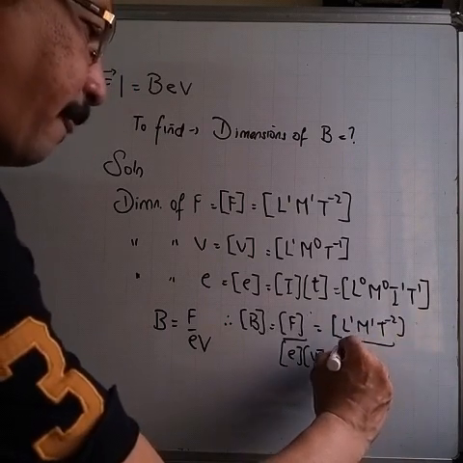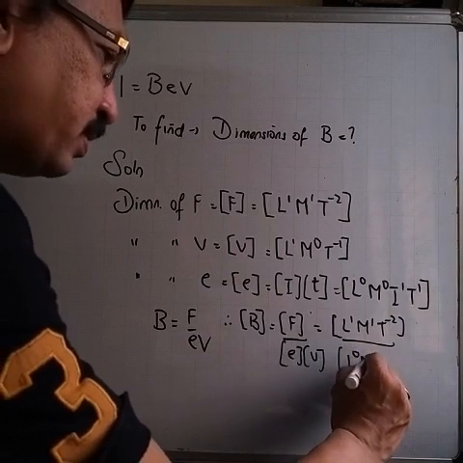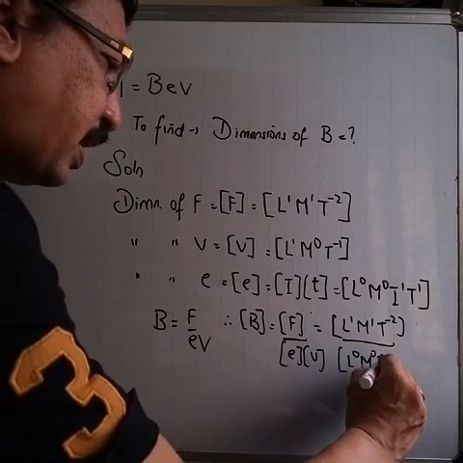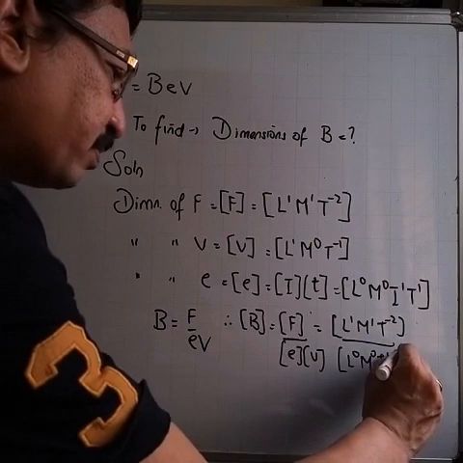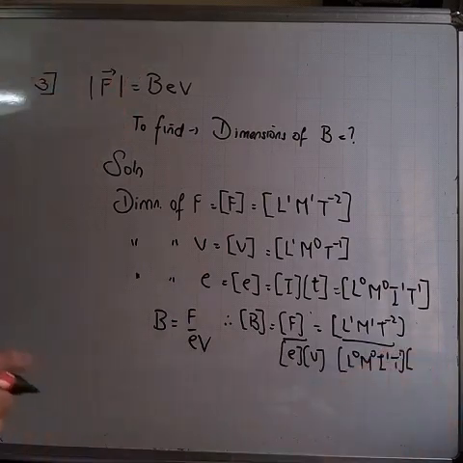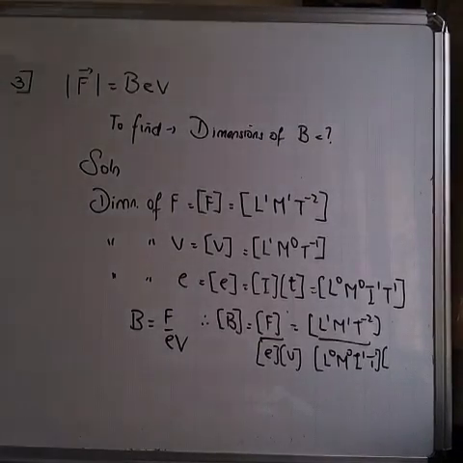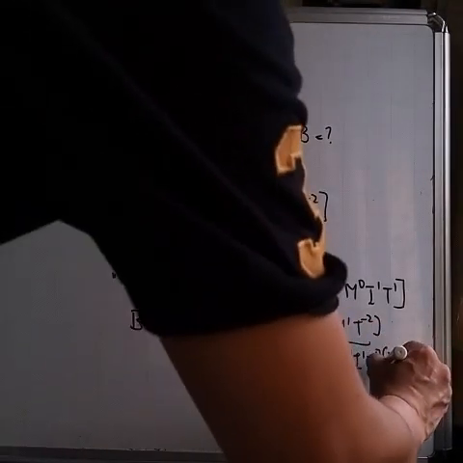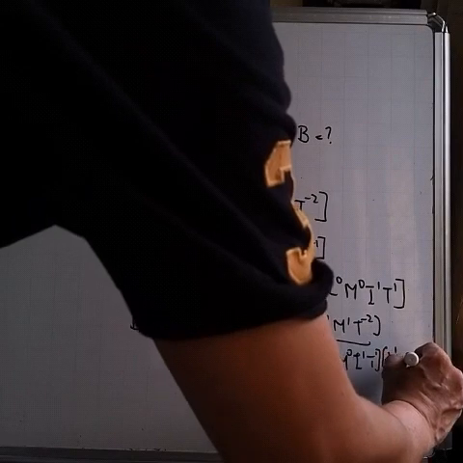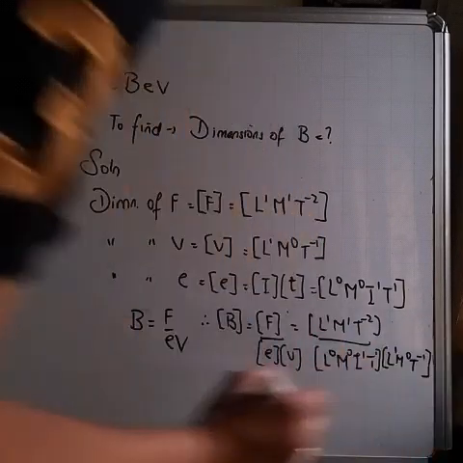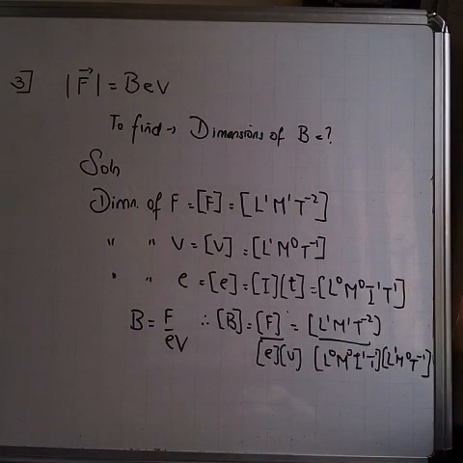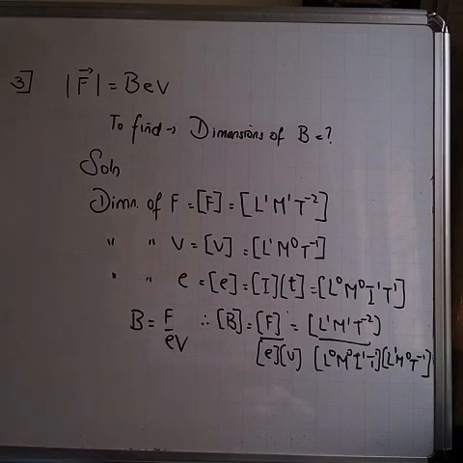E is L0 M0 I1 T1. And V is L1 M0 T raised to minus 1. Correct?